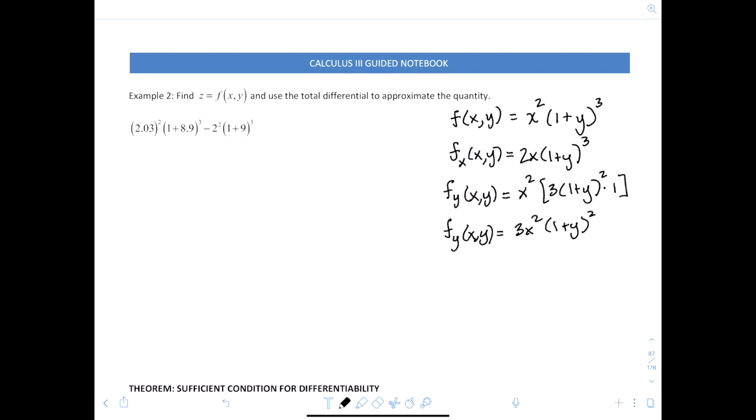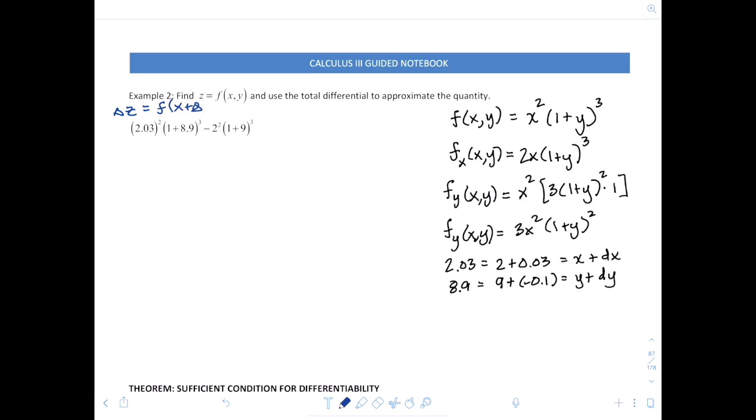Cool so far? Now, our 2.03 is exactly 2 plus 0.03, which gives us our x plus dx. And our 8.9 is equal to 9 plus negative 0.1, which would be our y plus dy. So this here is our delta z, which is exactly equal to f at x plus delta x, y plus delta y, minus f of x and y.